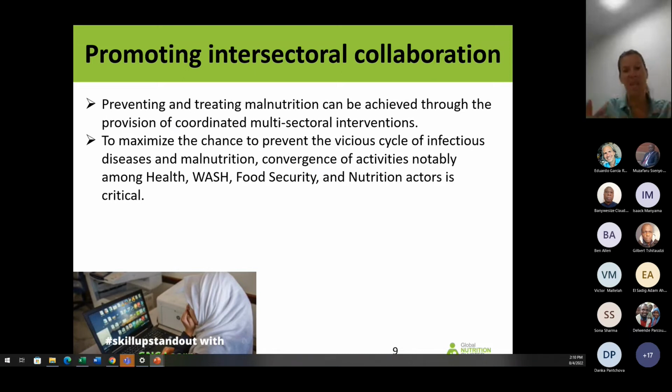So to maximize our chance to prevent this vicious cycle of infectious disease and malnutrition, we need this convergence, or even better, true integration of activities from health, WASH, food security, and nutrition actors. This is critical. And here we have Edward also joining us today, specialist on early childhood development.